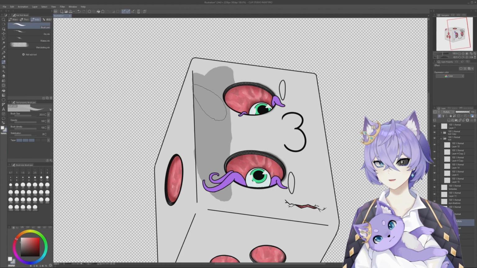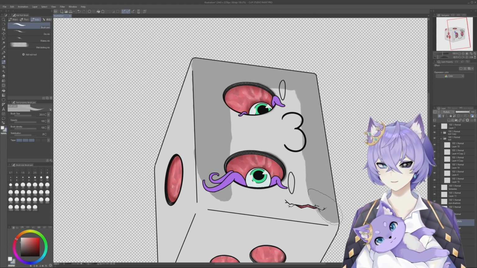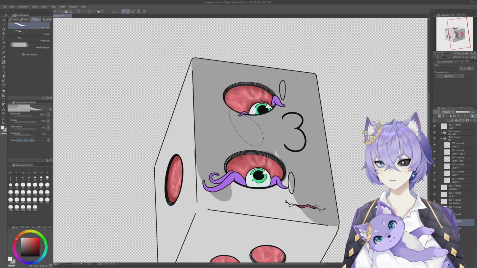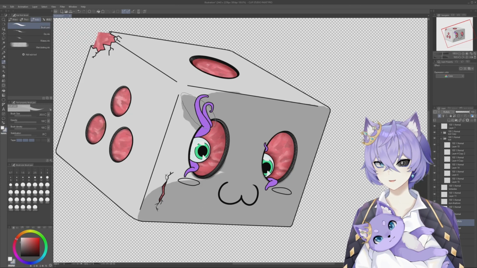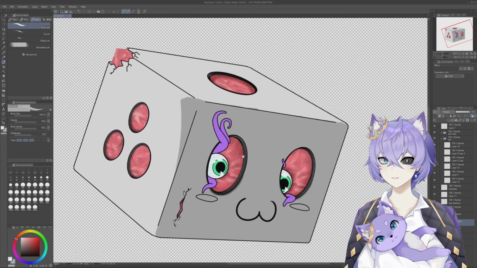You know what? Screw carefully painting. Let's go. Paint all of this in. We can just clean it with erasing the shade later.